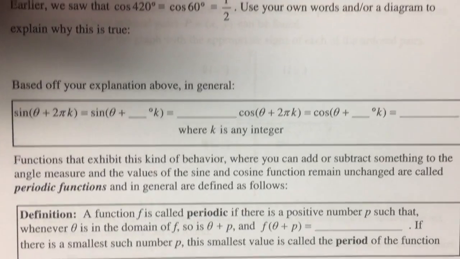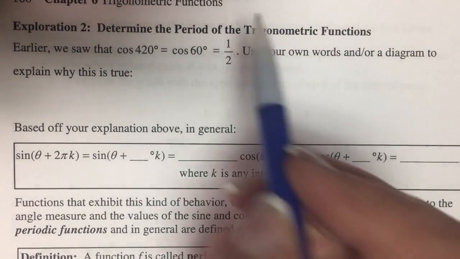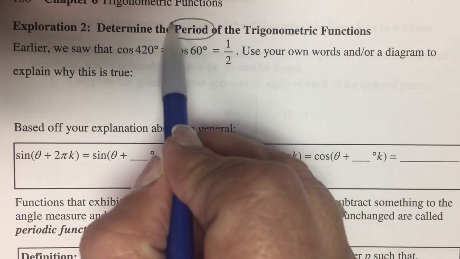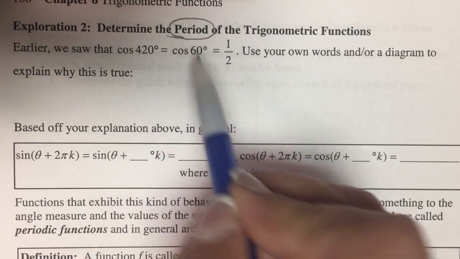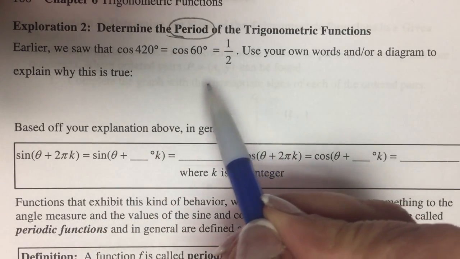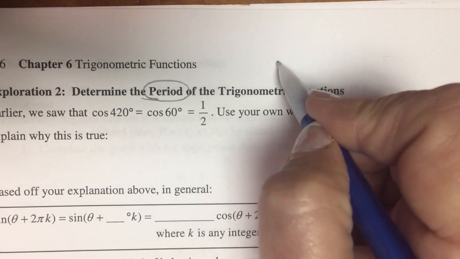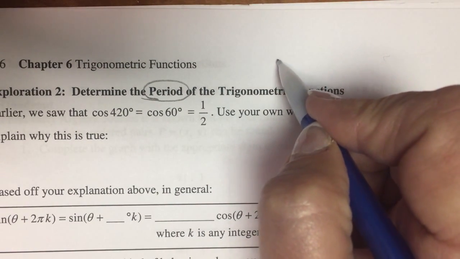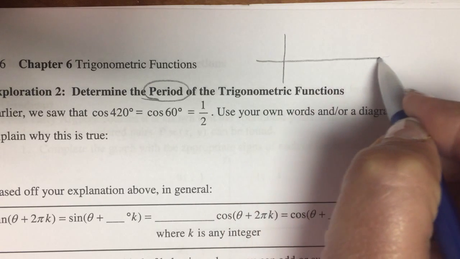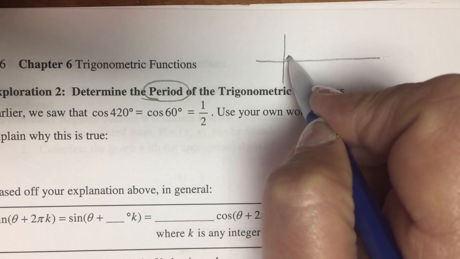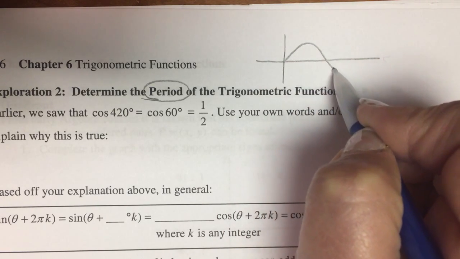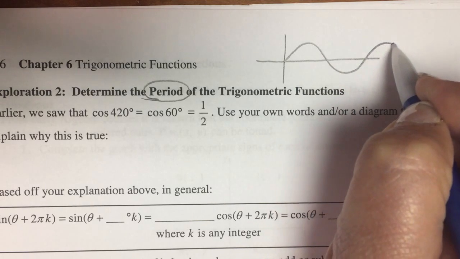So now, when we talk about trig functions, we talk about functions that are periodic. And basically what that means is they repeat after a certain amount of time. So for example, I'm just going to kind of draw a graph here, a sine function. The sine function, and we're going to graph it, kind of looks like this.